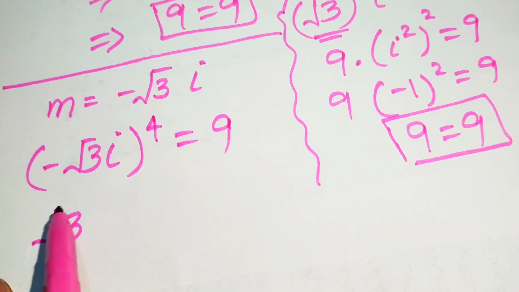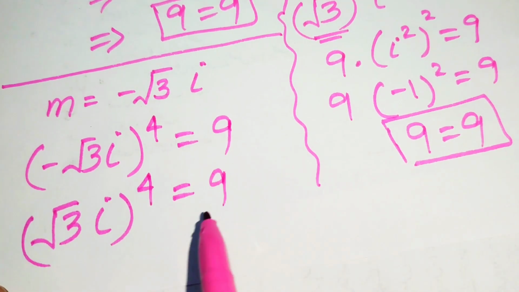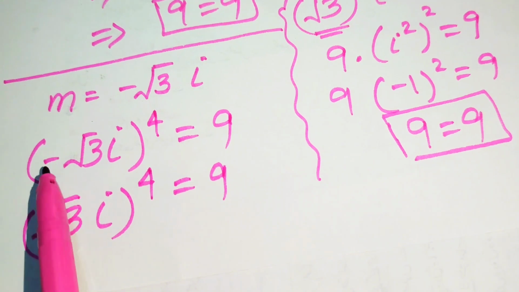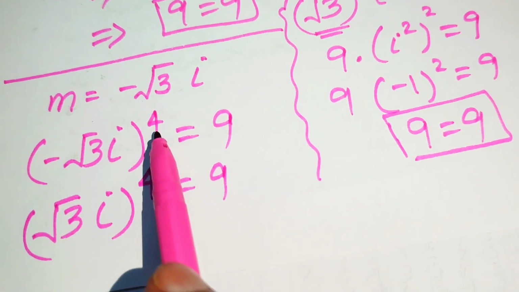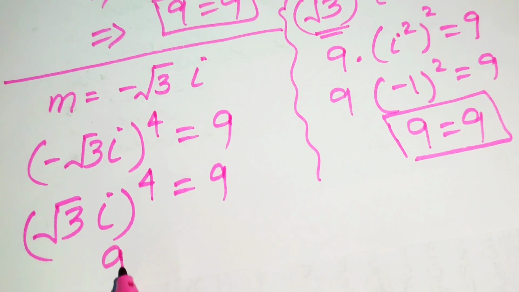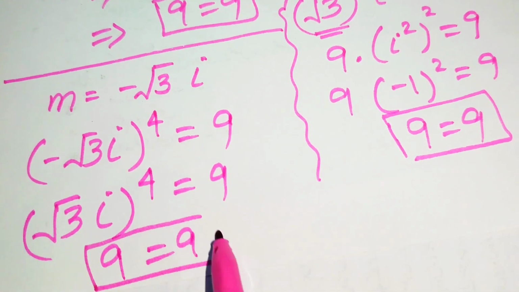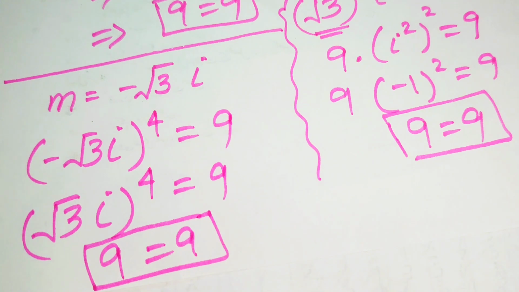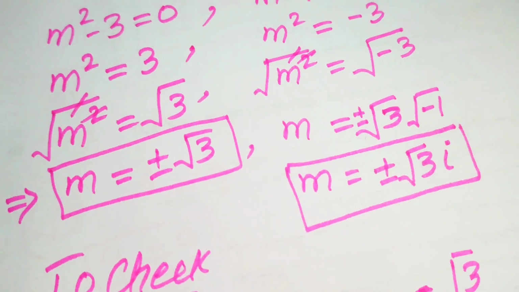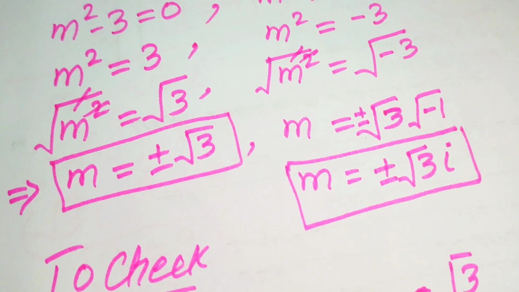This is equal to square root of 3 iota and its whole power 4 equals 9, because the minus 1 is eliminated as we have the even exponent. So we prove that both sides are equal. This shows that these four roots satisfy our given question statement, and this is the final answer.